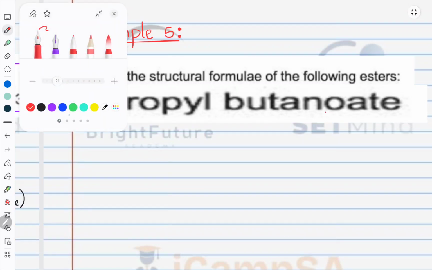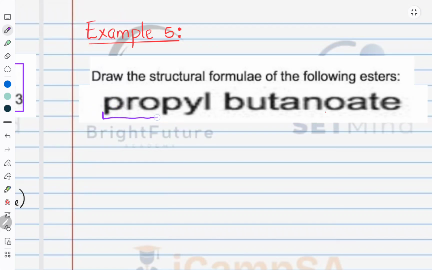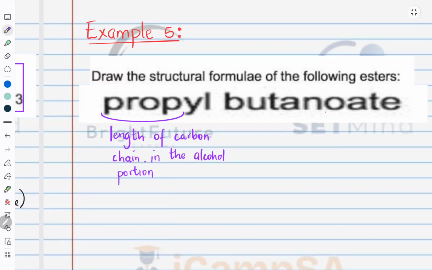So we know that the length of the chain in the alcohol portion is 3, right? That's the length of the carbon chain in the alcohol portion.